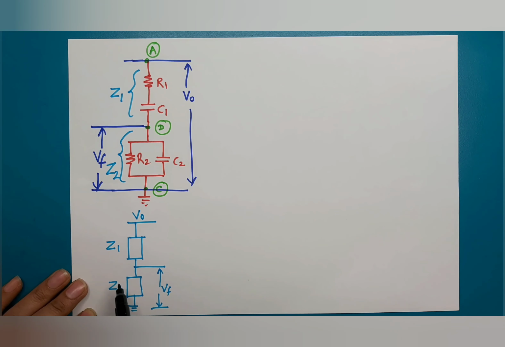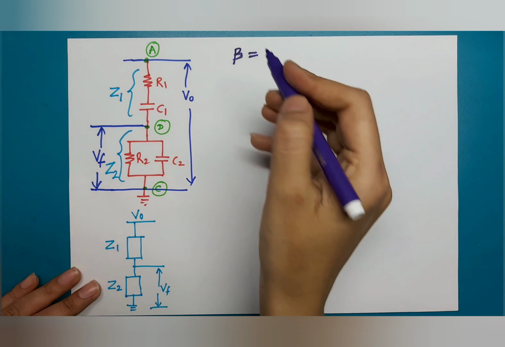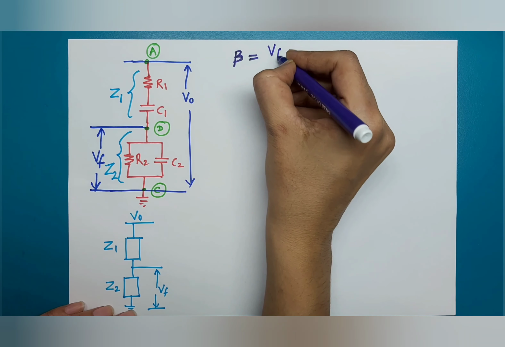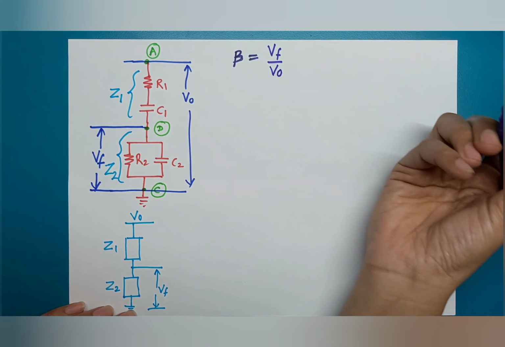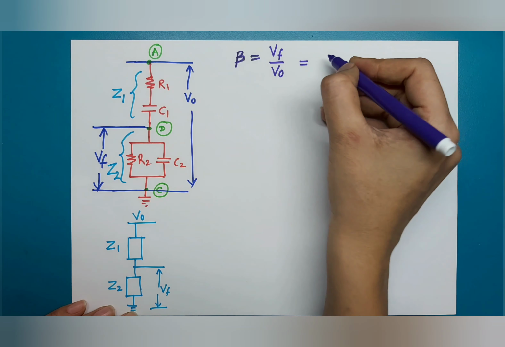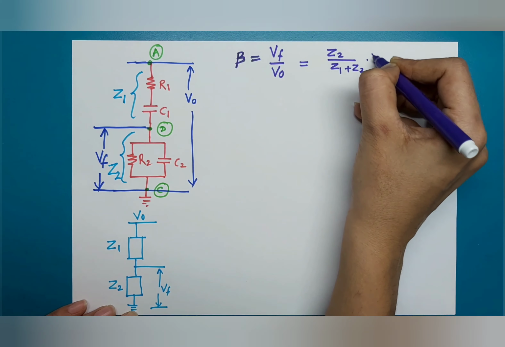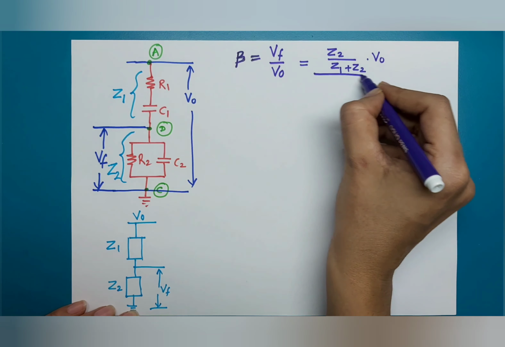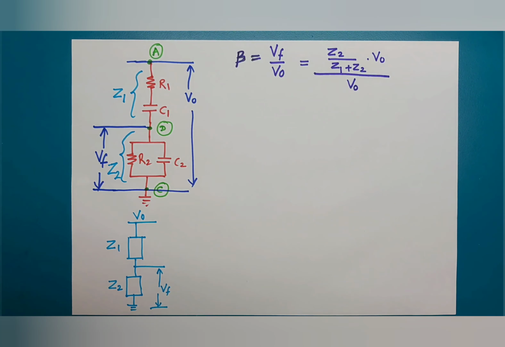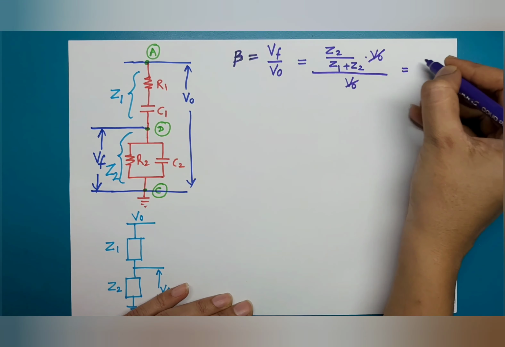We can determine the gain of the feedback network, beta, as output voltage upon input voltage. As it is the potential divider network, we can write the expression of Vf as Z2 upon Z1 plus Z2 into V0, the whole thing divided by V0. So V0 will get cancelled, and beta we get as simply Z2 upon Z1 plus Z2.